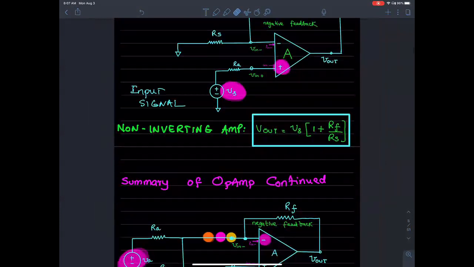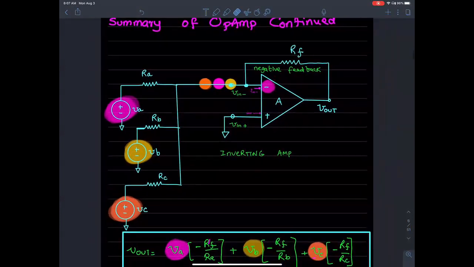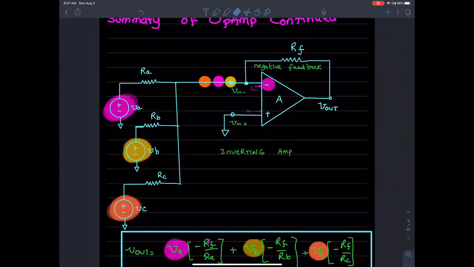Then we talked about the difference amplifier, or inverting summing amplifier. This is the inverting summing amplifier. There are three different input voltages, VA, VB, and VC, scaled and applied to the negative terminal.